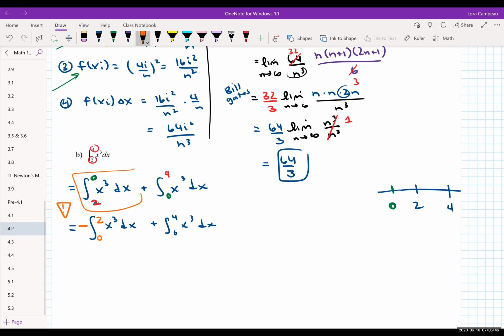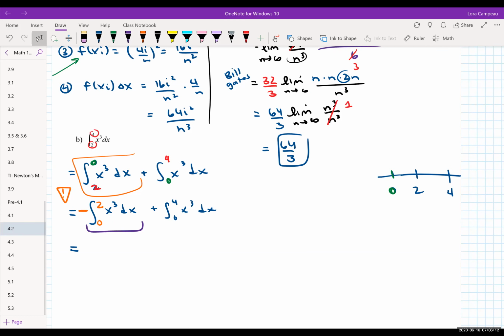So now that we have that, we can approach these problems a lot nicer. Let me maybe help out a little bit and look at each one separately. Okay, let's look at the integral. I'll try to separate this by color coding. The integral from 0 to 2 of x cubed dx.